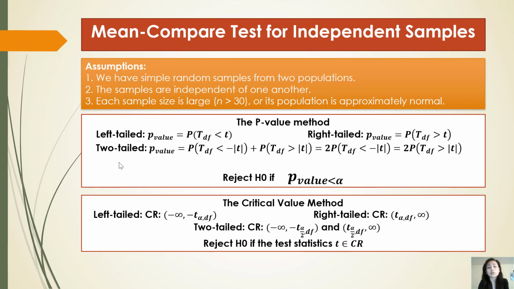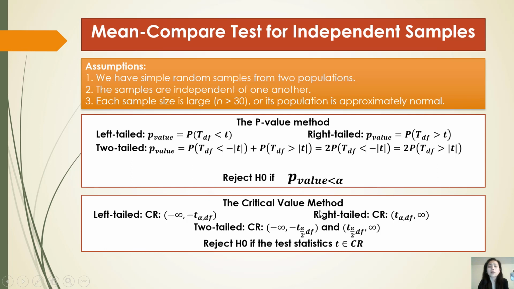So the p-value is the area to the left of the negative test statistic together with the area to the right of the positive test statistic. And if the p-value is less than the significance level alpha, then we reject the null hypothesis. Otherwise, we do not reject the null hypothesis. This is old knowledge, right?